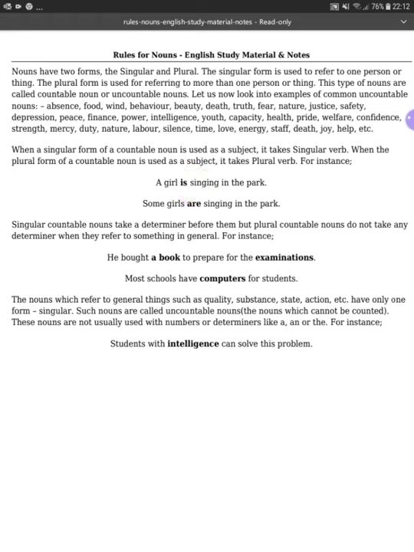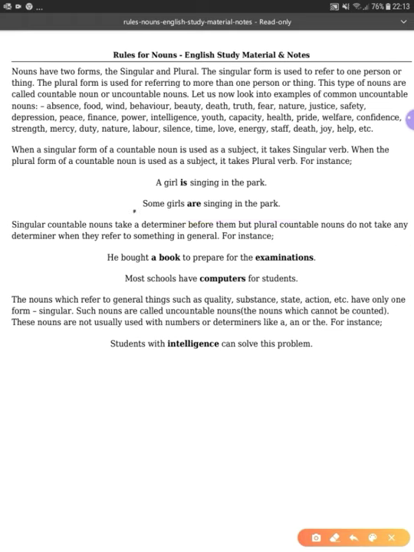Next example is, some girls are singing in the park. So what do you think, is "some girls" a singular countable noun or a plural countable noun? Yes, try to answer this question. Yes, very correct.